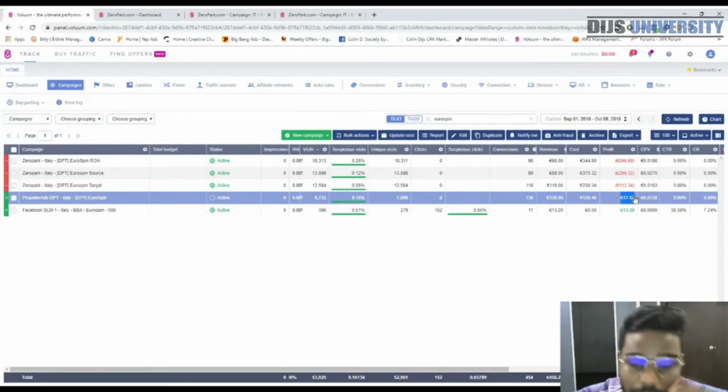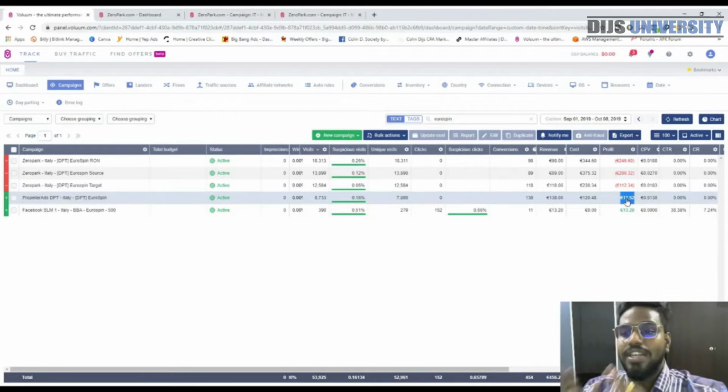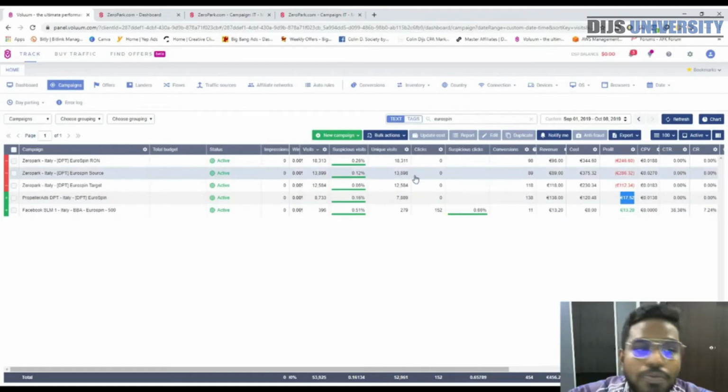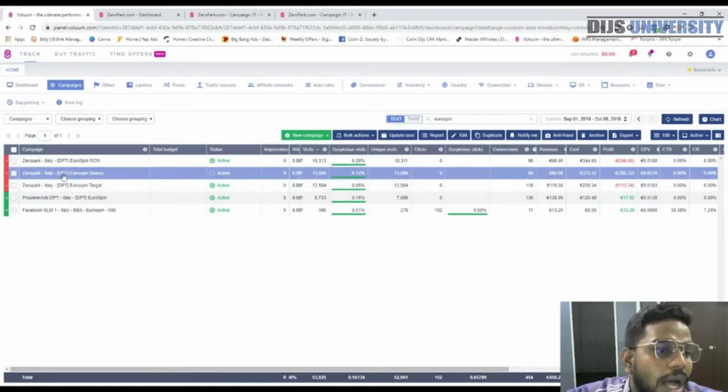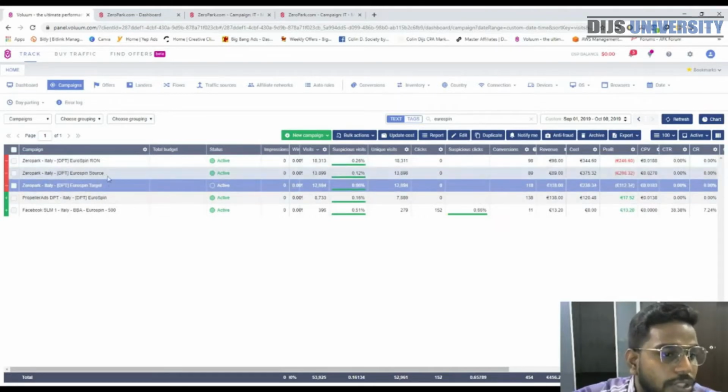So the total profit that we made for this campaign was 17.52 euros. So we made a profit in this campaign which we were testing with Propeller Ads. We decided to move on with run of network and also with Zeropark Eurospin source as well as Eurospin target.